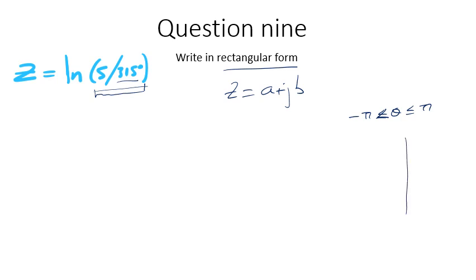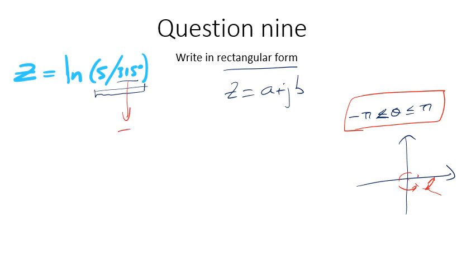Let's put things in the form of a picture or Argand diagram. 315 degrees, if you went out that way, it would lie outside this requirement here. So the angle we're really referring to is minus pi by 4. So that's the first observation. So what we do is we write this chappy on the inside here in exponential form.